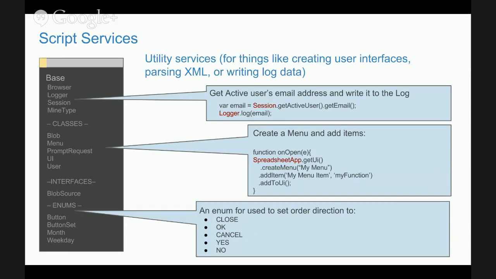Remember I said when you create functionality for things like spreadsheets and documents, you can also create menus that allow you to easily access them. This is the class that provides that. These are basic functionalities that are very common, right? And then we also have enumerations that allow you to, for example, create close, OK, or cancel buttons. These are commonly used buttons that we allow you to create an example for.